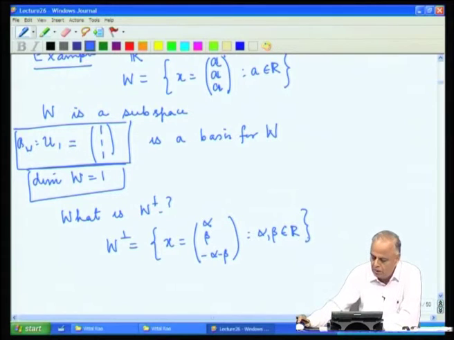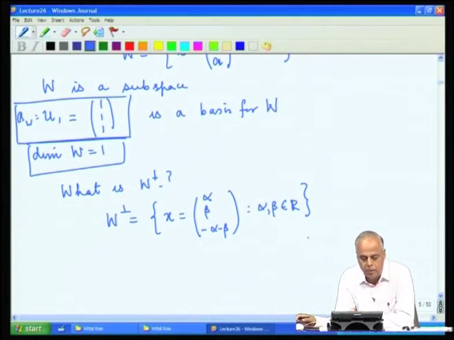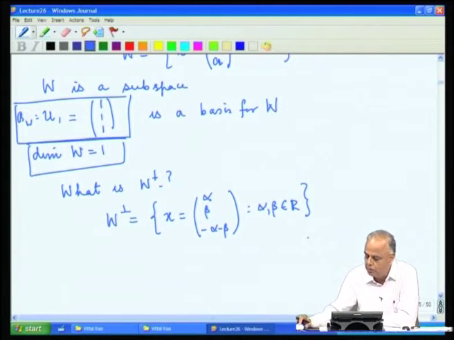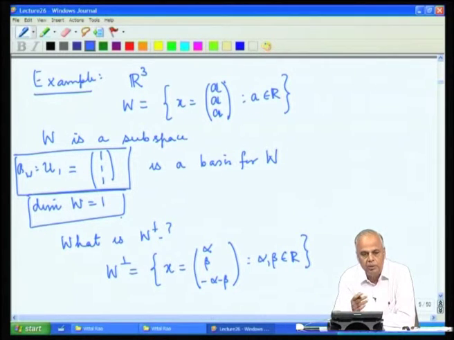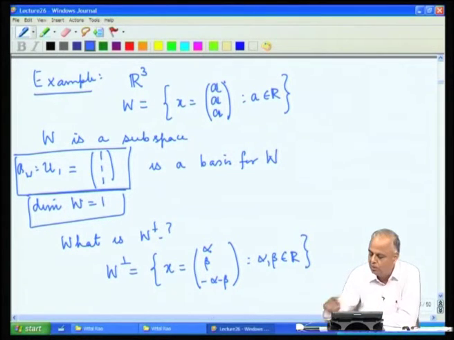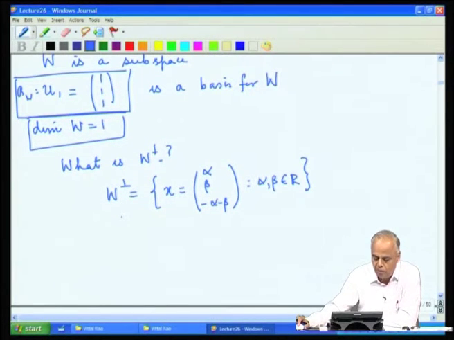It is the set of all those vectors whose sum of the components must be 0. The sum of the components must be 0, because it must be orthogonal to the basis vector of W, which says since all the components of the basis vector are 1, the dot product will be the sum of the components. So, the sum of the components must be 0, and hence W perp is of this form.